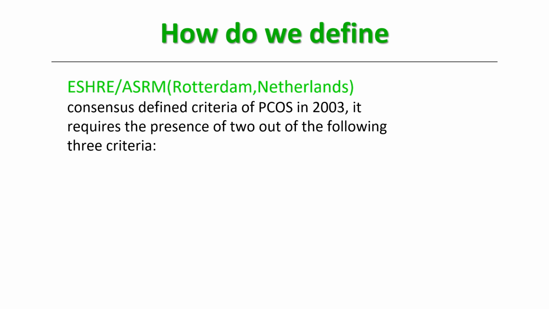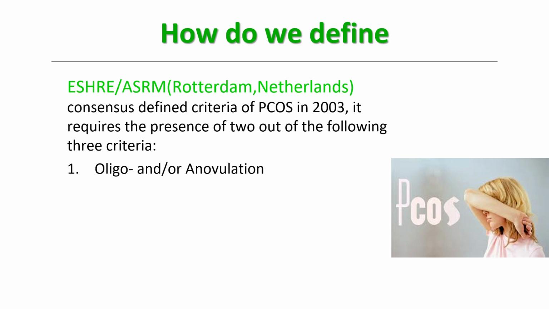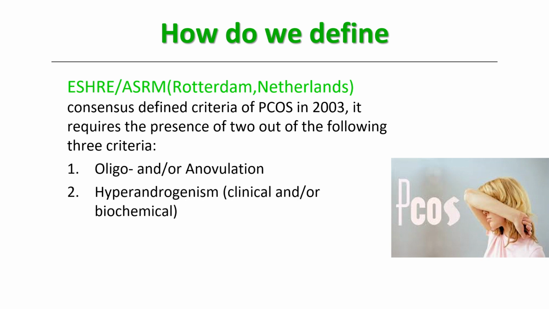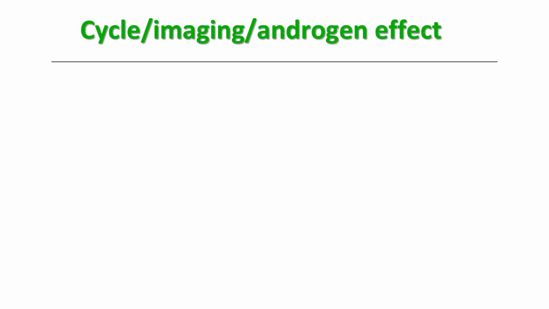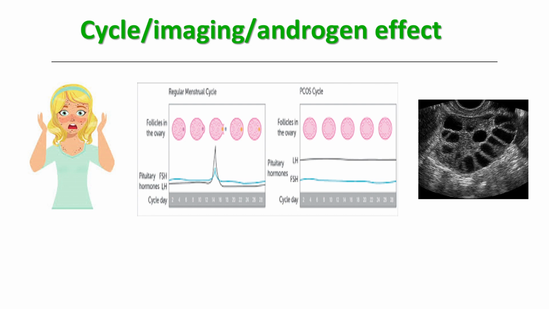It requires the presence of 2 out of the following 3 criteria: oligo or anovulation; hyperandrogenism, the signs could be clinical or biochemical evidence; polycystic ovaries on ultrasound, that is more than 12 follicles of size 2 to 9 mm, or ovarian volume more than 10 cm cube. So we basically deal with the menstrual cycle, ultrasound report and the androgen effect.